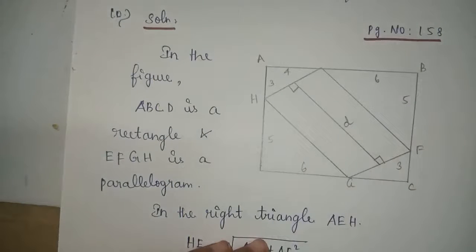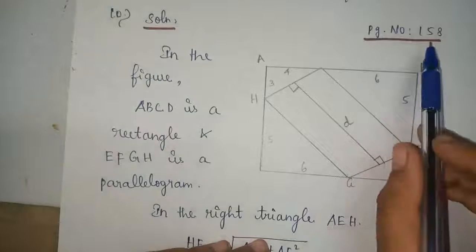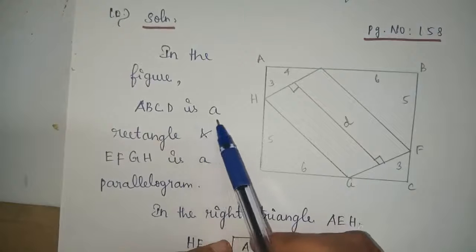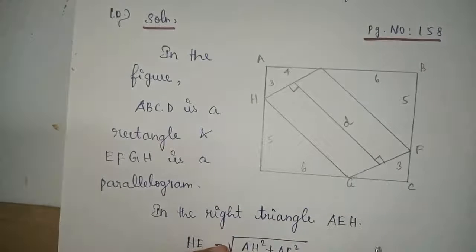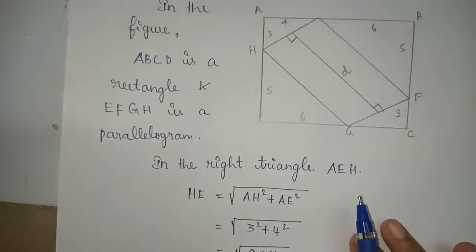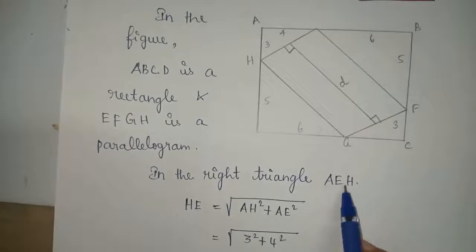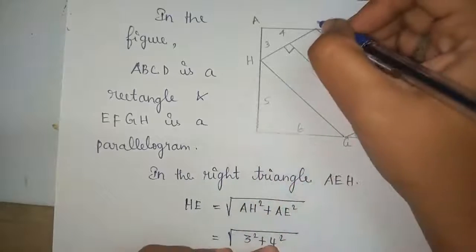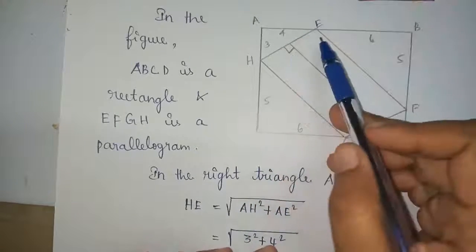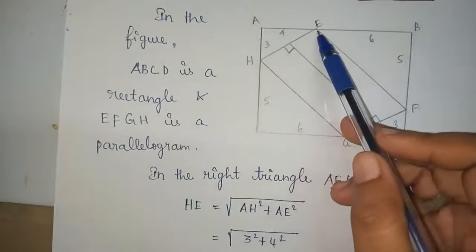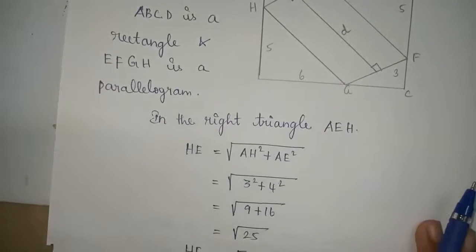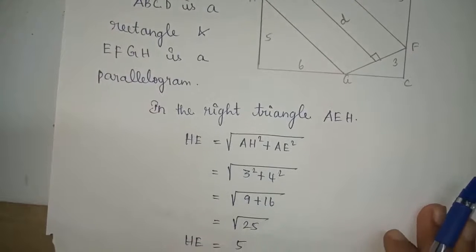Problem number 10 solution. The problem belongs to page number 158. So this is the respective figure with measurement. In the figure, ABCD is a rectangle and EFGH is a parallelogram. So in the right triangle AEH, so this is E. In a right angle triangle AEH, HE is equal to root of AH square plus AE square, which is equal to root of 3 square plus 4 square, equal to root of 9 plus 16, equal to root 25.